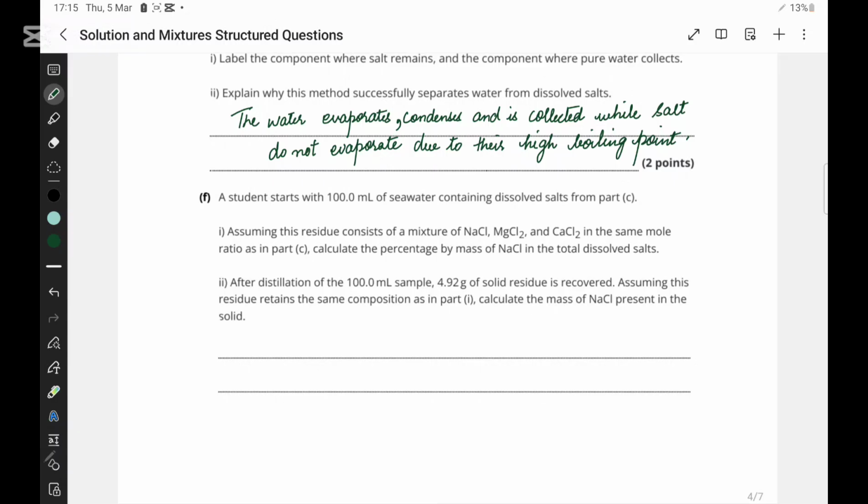For the next question, assuming this residue consists of a mixture of NaCl, MgCl2 and calcium chloride in the same mole ratio as in part C, calculate the percentage by mass of NaCl in the total dissolved salt.